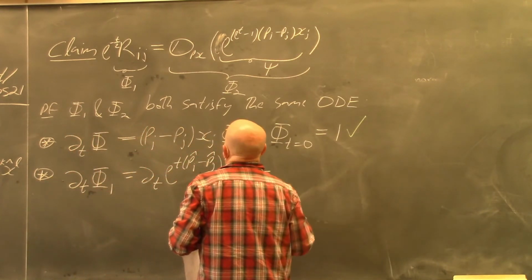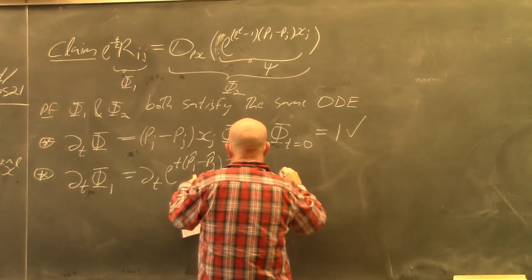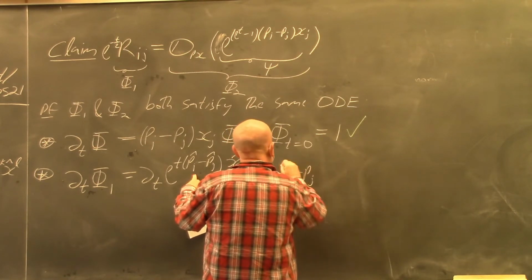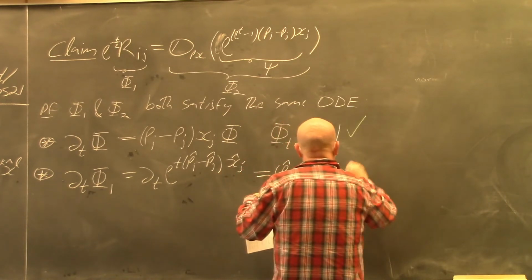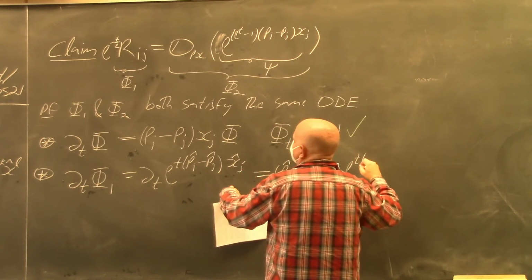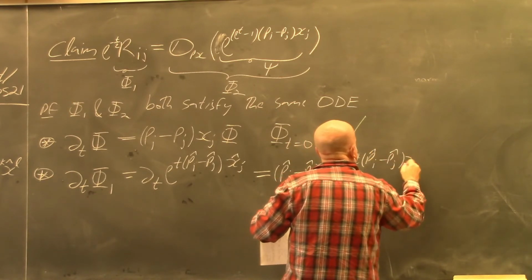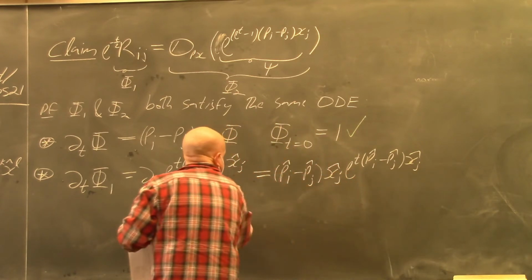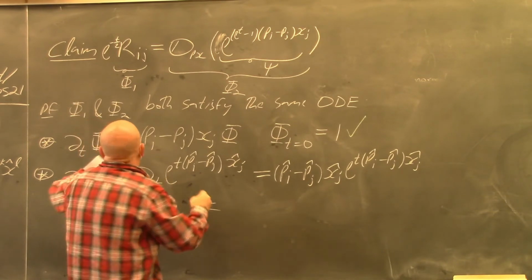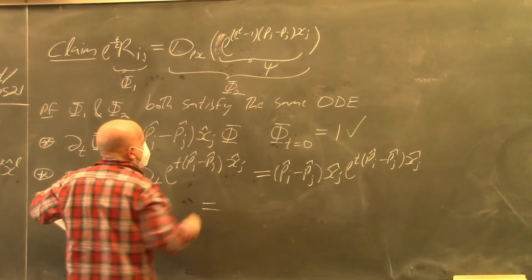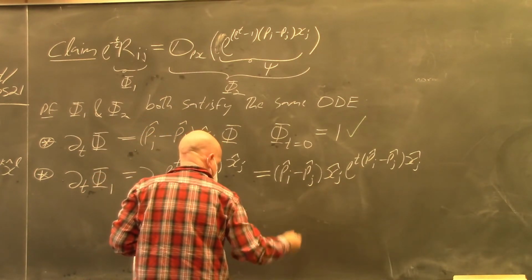So this is pi minus pj xj times the exponential function e to the t pi minus pj xj. But this is just what I wrote. Everything here should have hats. So this is just what I wrote. So this is done. Okay?